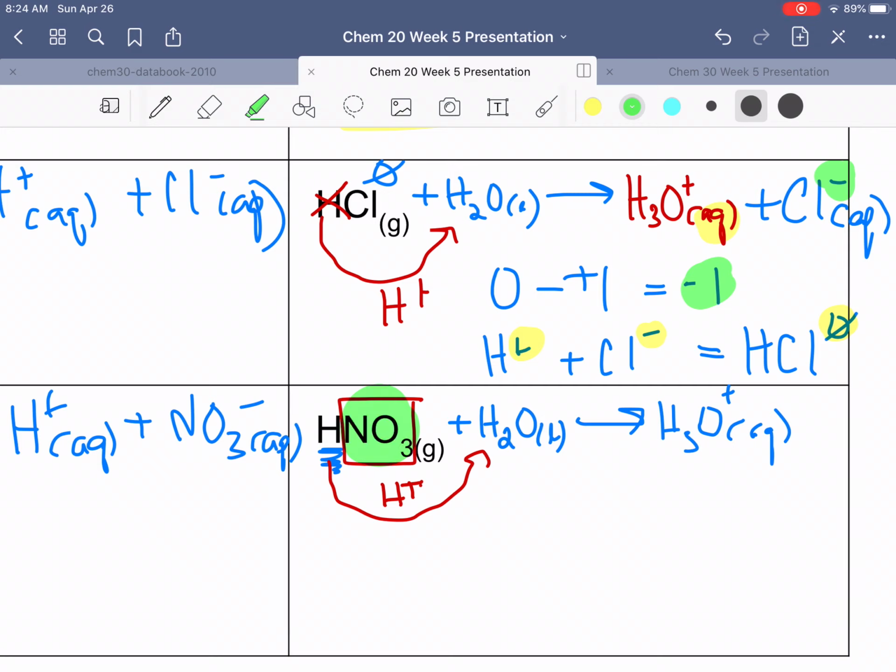Think about the charges again. Originally, this is a charge of 0. So if I take that 0 and I subtract a positive 1, I end up with a negative 1 charge. And that is the charge on nitrate. You could look on the polyatomic table of ions on your periodic table and see that too. It is NO3-. So use those as little cheat sheets, right? That helps you, but make sure you're getting the charges done correctly.